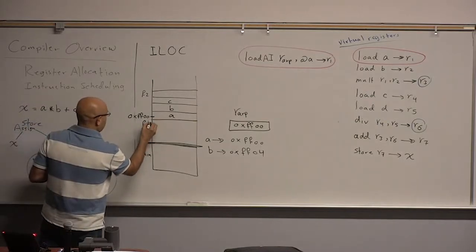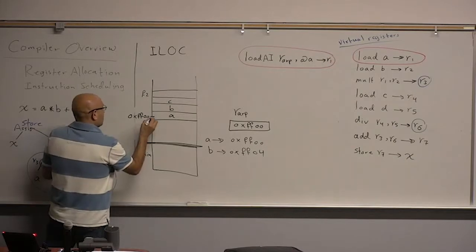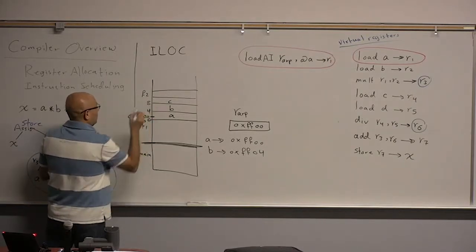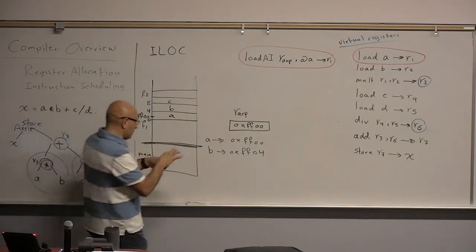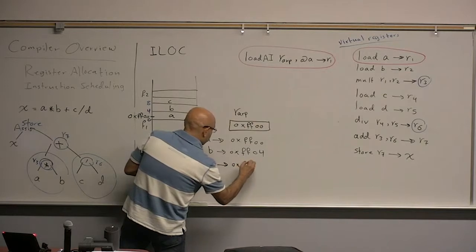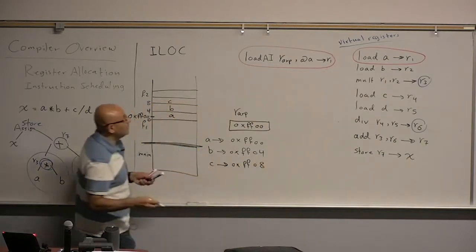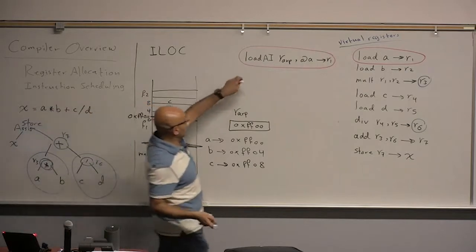So this is offset 0, this is offset 4, this is offset 8, assuming 32-bit variables. And for C, 0xFF08. Okay. So this is the notation in the book.